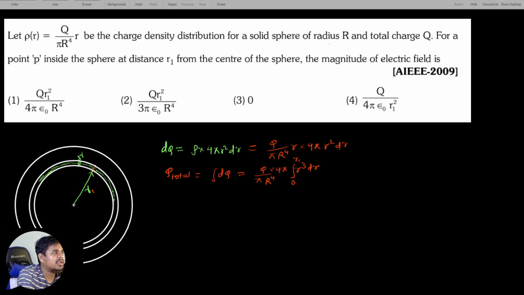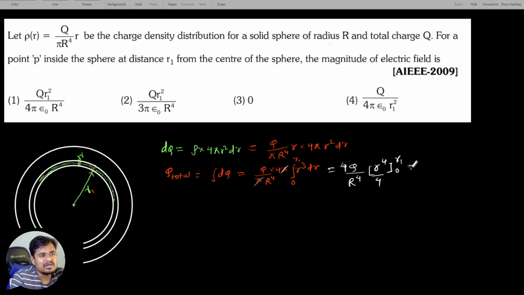So when we integrate it from 0 to r1, pi and pi will cancel, and we will get 4 q by R raised to the power 4, and the integration of r cubed dr will be r raised to the power 4 by 4, with the limit going from 0 to r1.